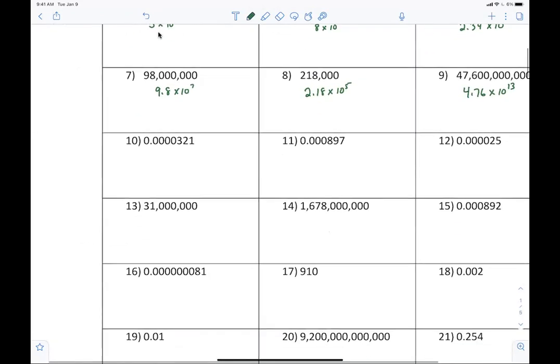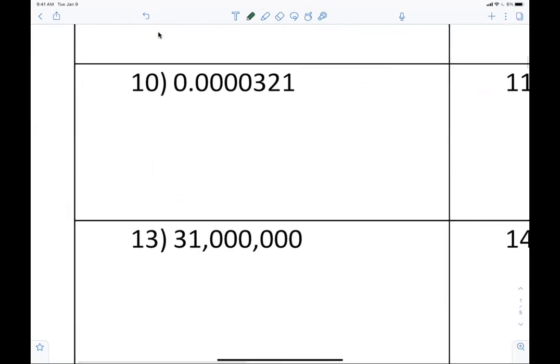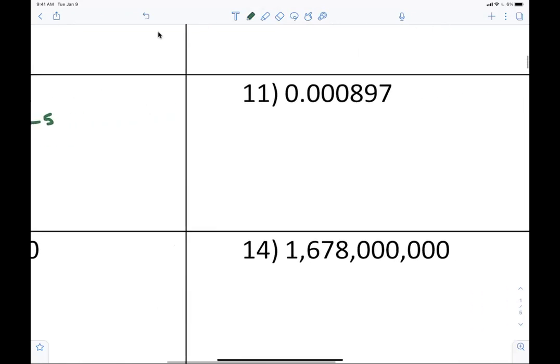All right, Claire, you're up. Number 10. Okay, so it's going to be 3.21 to the power of -5. Yes, perfect. Thank you, kiddo. Number 11.